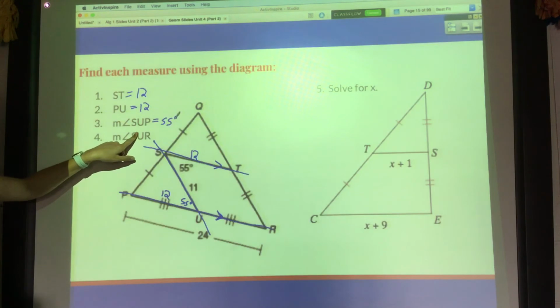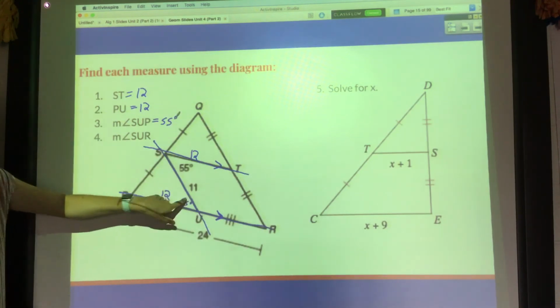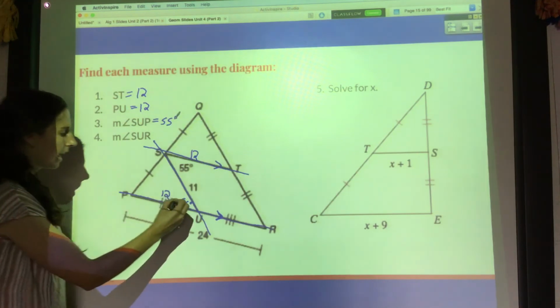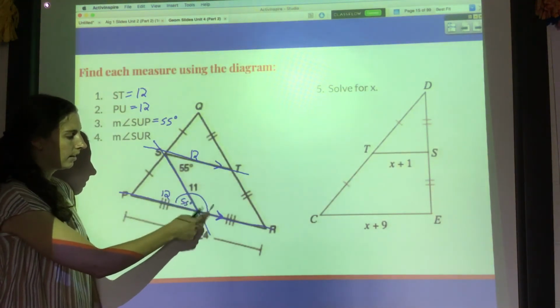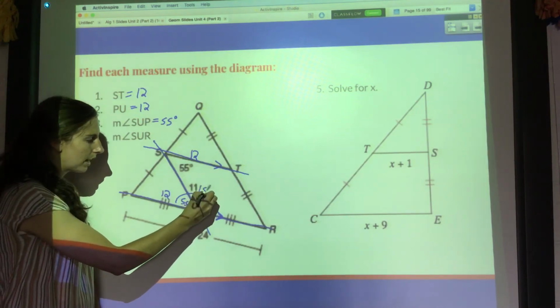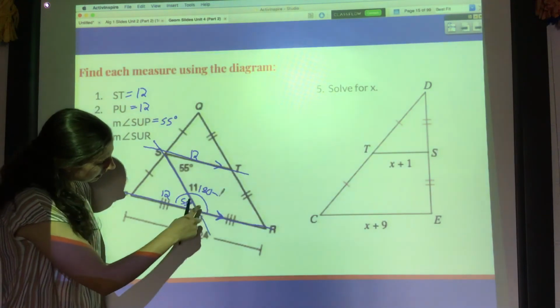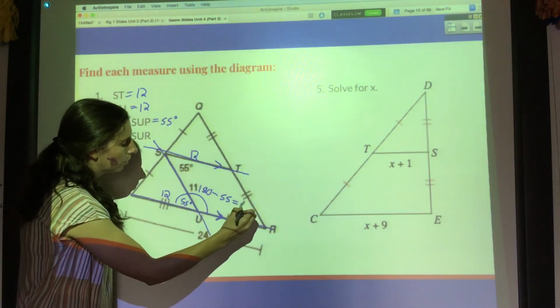And angle SUR is right here, S-U-R. Since I already know this one's 55, and all of this makes a straight line, all of this should be 180. These two are supplementary. So do 180 minus the 55, and that would be 125.